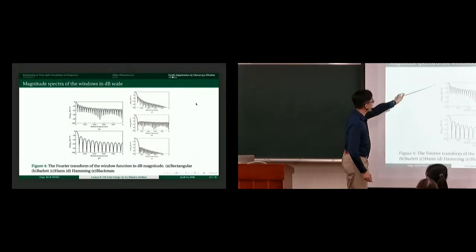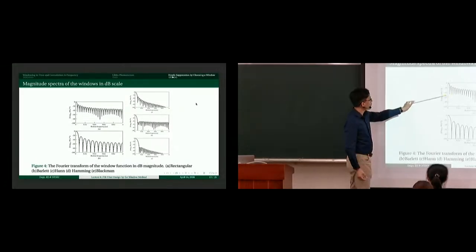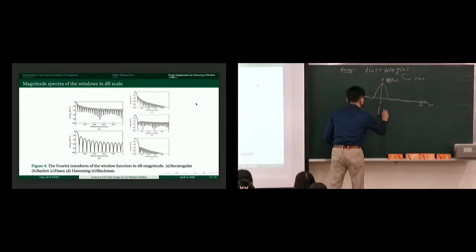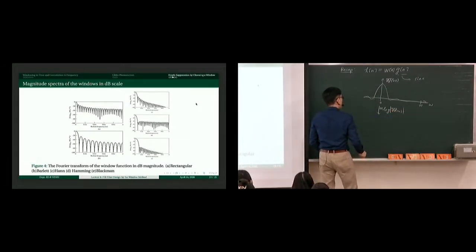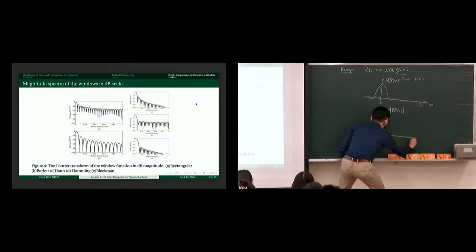First, note that the vertical axis, the magnitude, is now in dB scale. Therefore, each notch right here, the place where it dips down, is called a notch. Each notch corresponds to a zero crossing. When we take this to log scale, 20 log 10 of the absolute value of W, that gives us the same magnitude spectrum in dB.